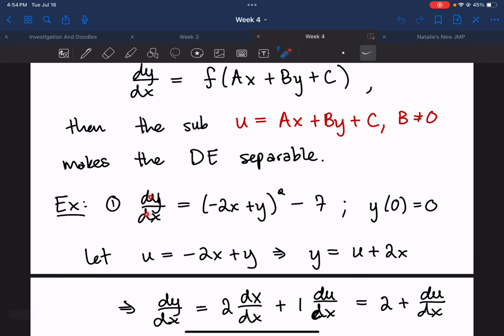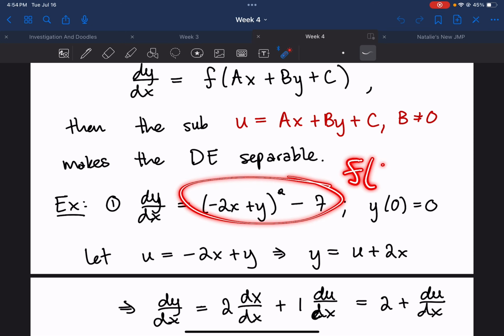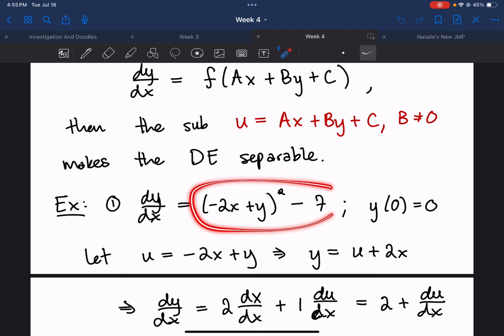dy/dx equals some linear function of x and y, right? This whole thing is f, and we can view f as a function of negative 2x plus y, just like what's written up here.